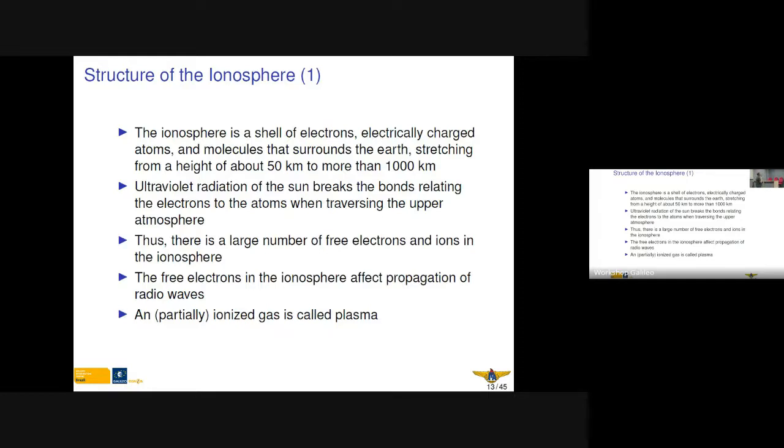The free electrons in the ionosphere affect the propagation of radio waves. Particularly, ionized gas is called plasma. So that's where you read a lot in the literature, people talk about plasma in the ionosphere.